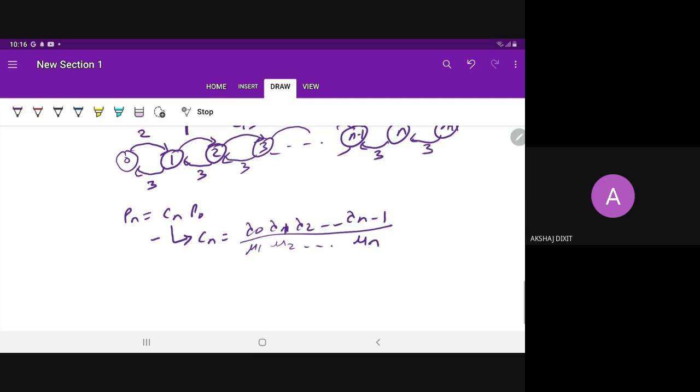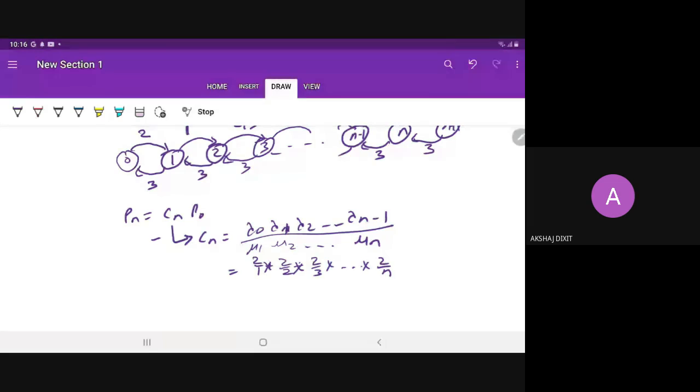So what is the lambda? It is 2 by 1, 2 by 2, 2 by 3, 2 by n.